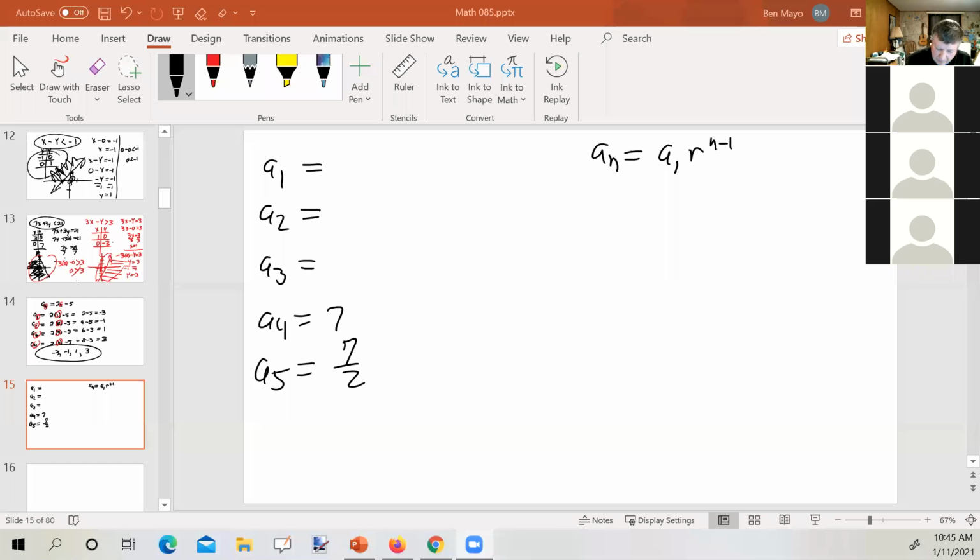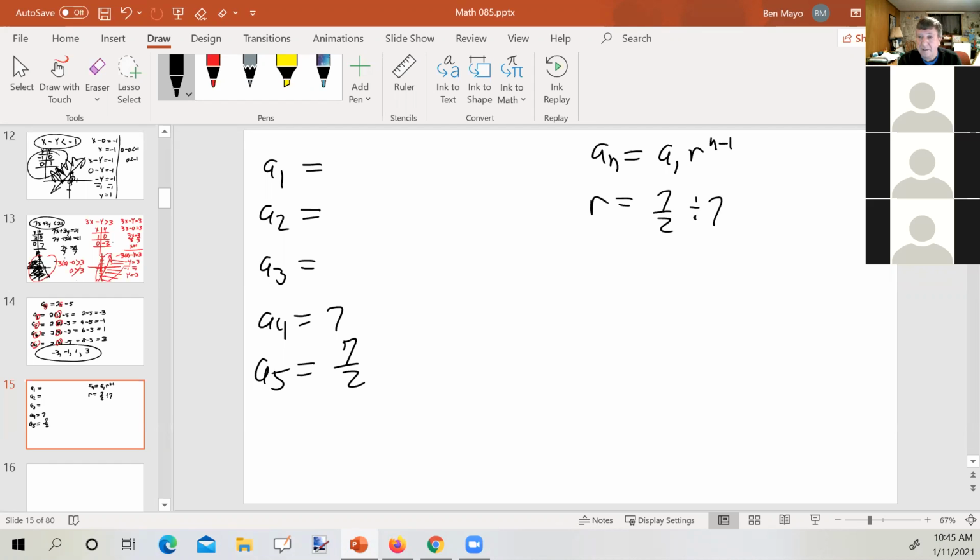Now, I don't know what a sub 1 is. I don't know what r is. So let's see what I can figure out. To find r, I could take any term in the sequence and divide it by the previous term. So r would be equal to 7 halves divided by 7.